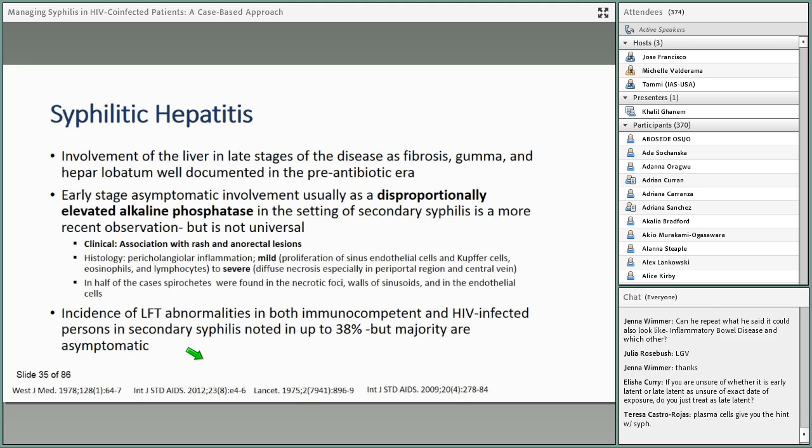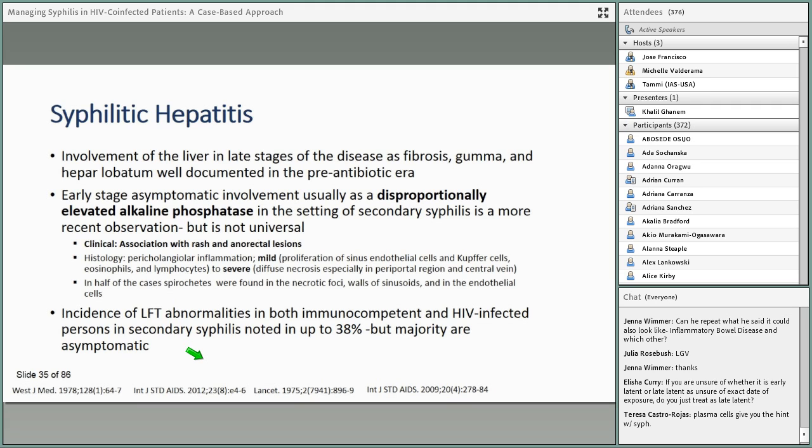Also, as I told you before, there's a great paper by Janet Towns, which essentially says that 30 to 50% of patients with syphilis can present with painful anorectal lesions, and it can also be multiple lesions as well. So keep that in mind. The fact that a lesion is painful doesn't mean that it's not syphilis.